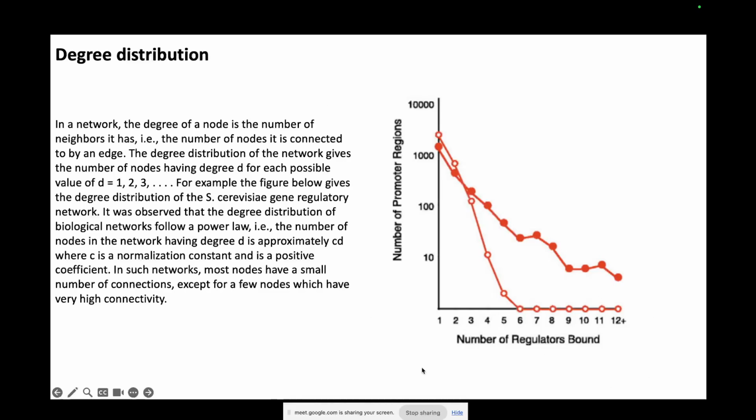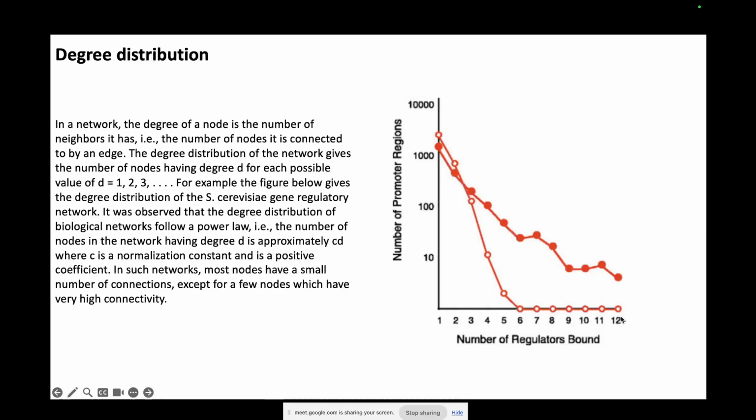This is actually the degree distribution of real life networks. As you can see, on the y-axis you can imagine the number of nodes, and on the x-axis the degree of each of the nodes. So basically you have a very high number of nodes with very low degree, and a very low number of nodes with very high degree.